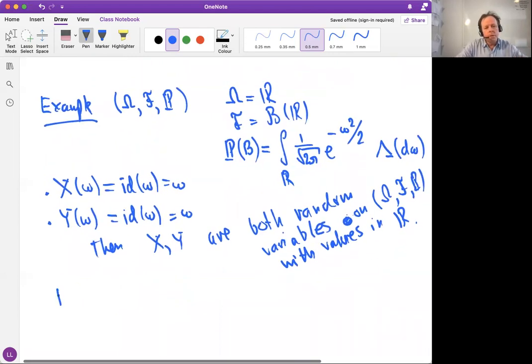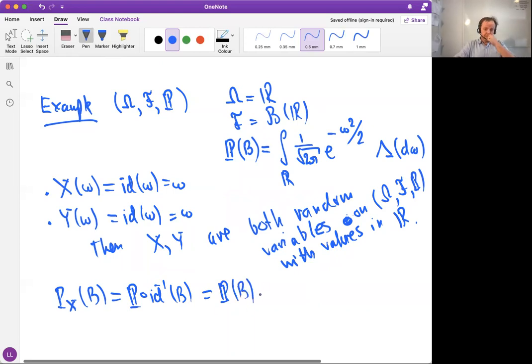We could also look at what's the law of X. Now if you think, okay, it's the probability of the identity map pre-image of B. Well, the identity is not doing anything, so the law of X is actually just the probability measure of B. It's a bit confusing, but that's how it goes.